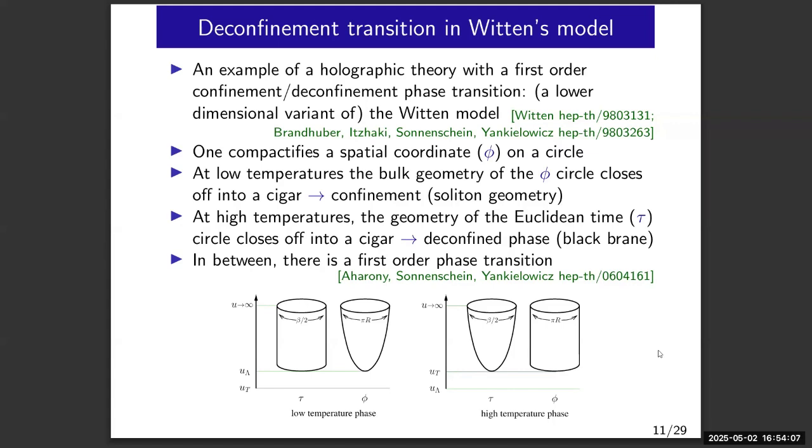Right. So there are these two geometries which are sort of symmetric with respect to change in the time and the compactified spatial direction. U lambda is related to I star. Sorry? You have U lambda. Right.